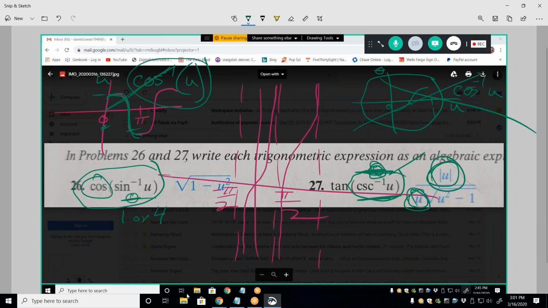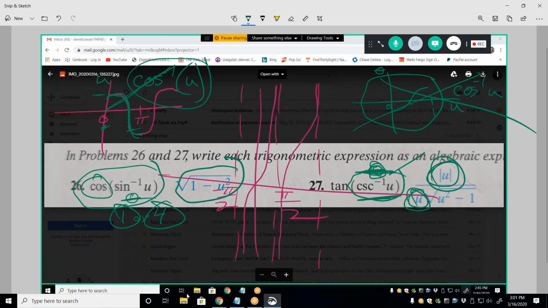Yes, it should be first and fourth. Correct. And notice that the cosine of a first quadrant angle is positive and the cosine of a fourth quadrant angle is positive. So we're always going to have a positive answer.